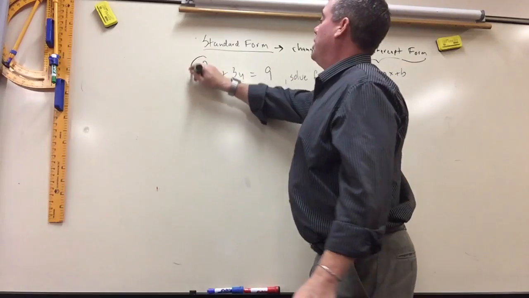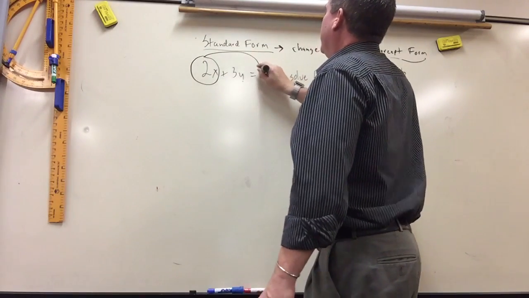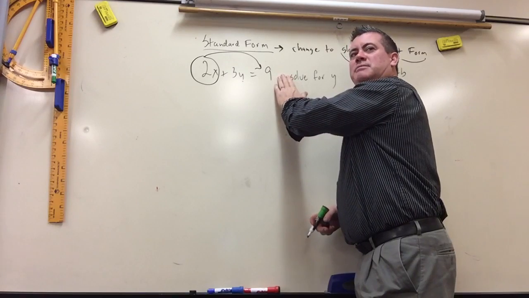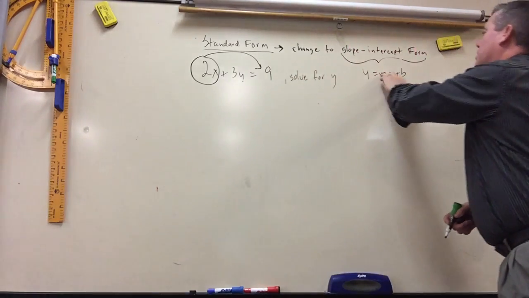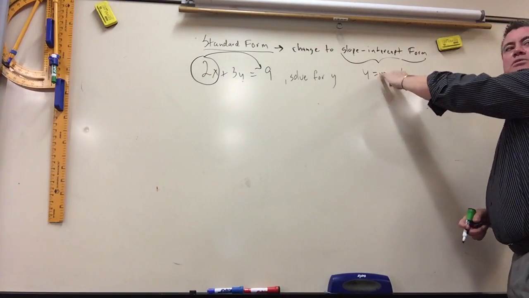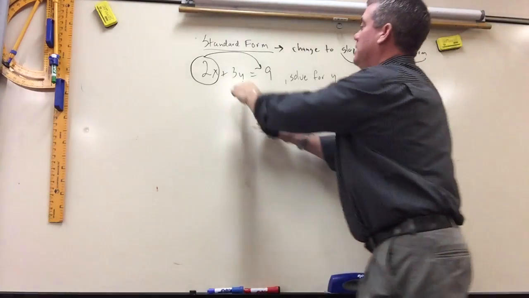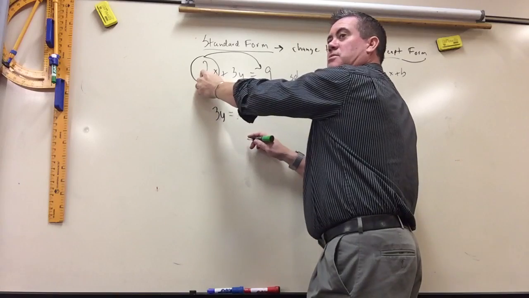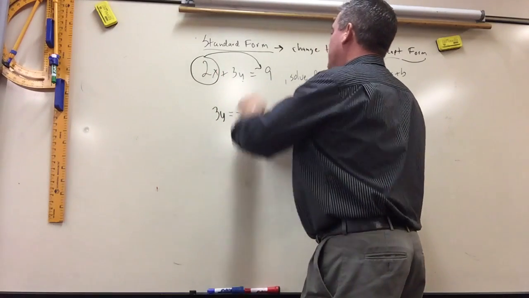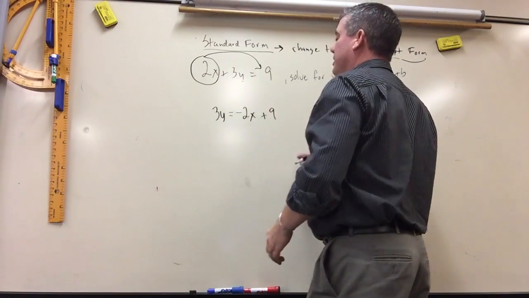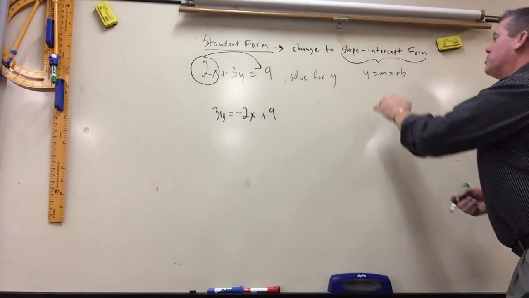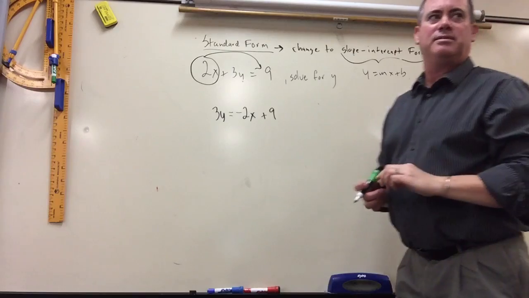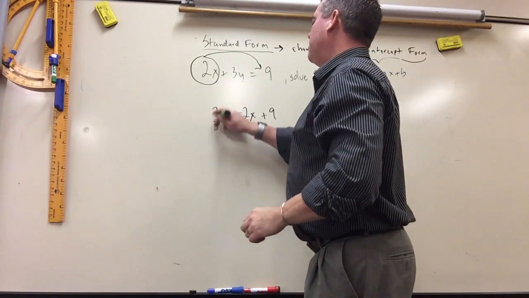So, we gotta move the 2x over. Before, it didn't matter where we put it, we just put it after the 9, but we might as well keep it right after the equal, because then it'd be the mx. We'd have 3y equals, this would change to negative 2x. This doesn't change. So now we did the first step, we got the x and y on the opposite sides, but we gotta do one more thing. Divide everything by 3.